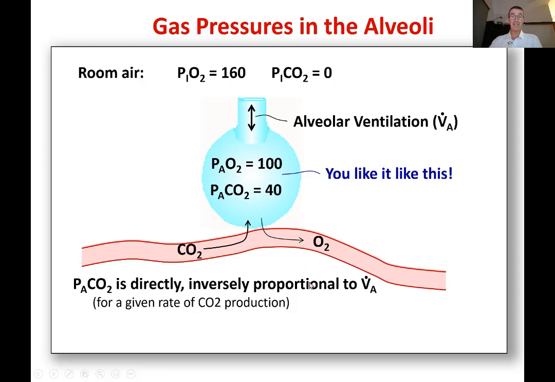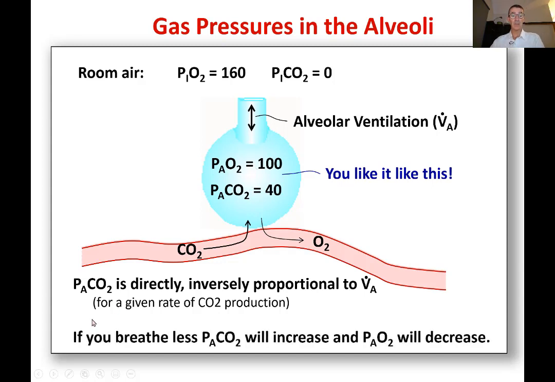If you were to halve your alveolar ventilation, breathe half as much as you are right now, your alveolar CO2 would increase to about 80 millimeters of mercury, and you would be profoundly uncomfortable. So we can regulate what our alveolar gas pressures are by changing the level of ventilation. So if you have a patient, for example, who's breathing less, alveolar CO2 will increase and alveolar oxygen will decrease.